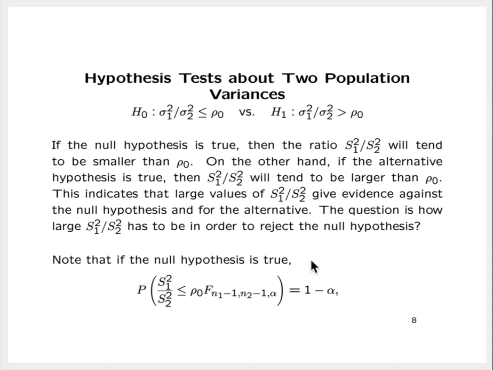Based on what we've stated previously about the sampling distribution of the ratio of the sample variances, we know that if the null hypothesis is true, then the probability of S1 squared over S2 squared being less than or equal to rho sub 0 times the upper alpha percentage point of an F distribution with n1 minus 1 numerator degrees of freedom and n2 minus 1 denominator degrees of freedom is equal to 1 minus alpha.